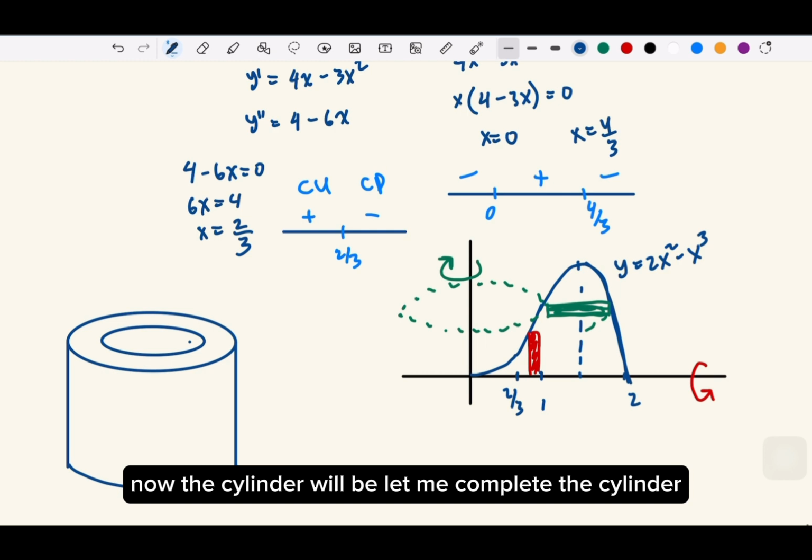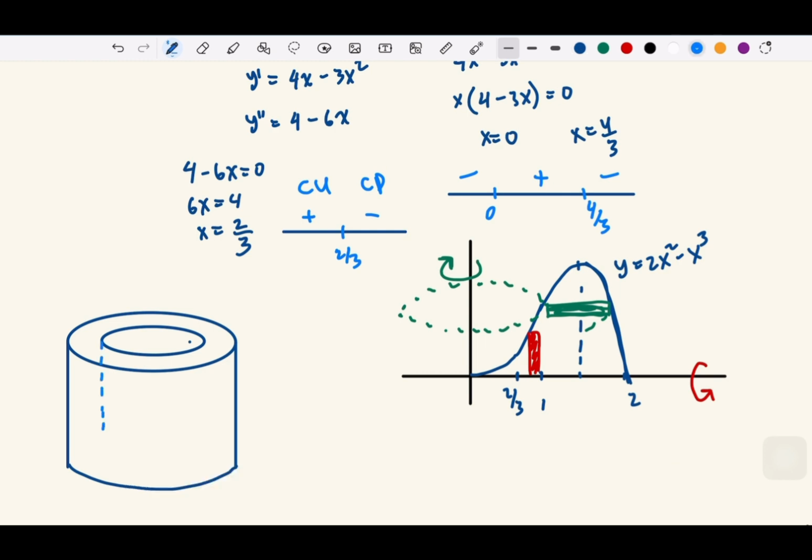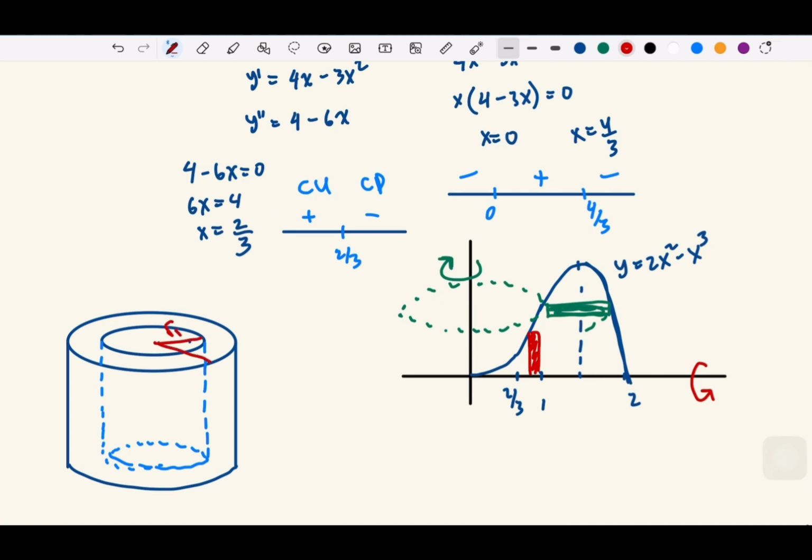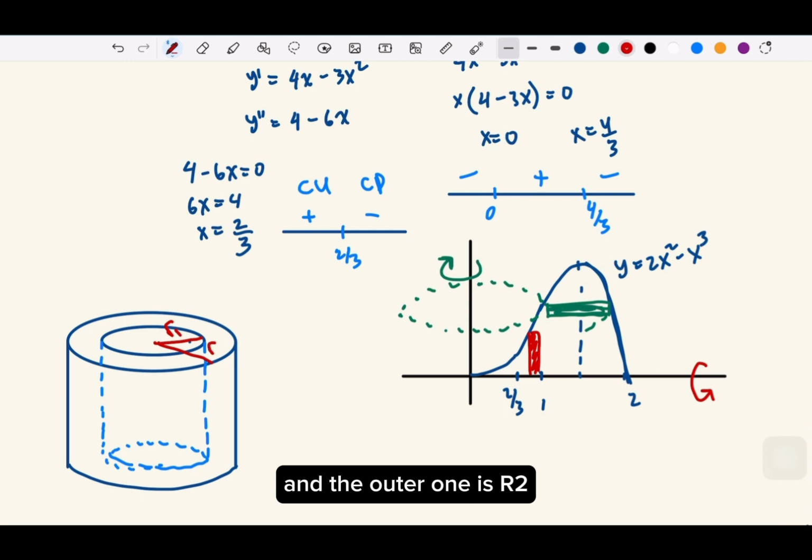Now the cylinder will be, let me complete the cylinder. And suppose that we have the inner radius for the cylinder. The name is R1. And the outer one is R2.